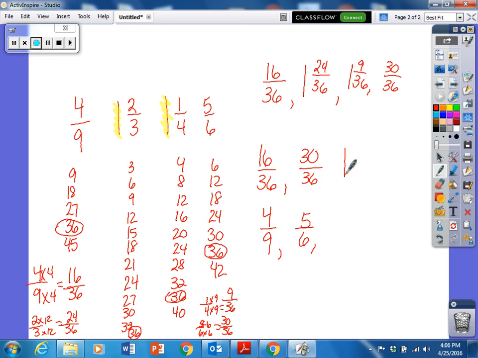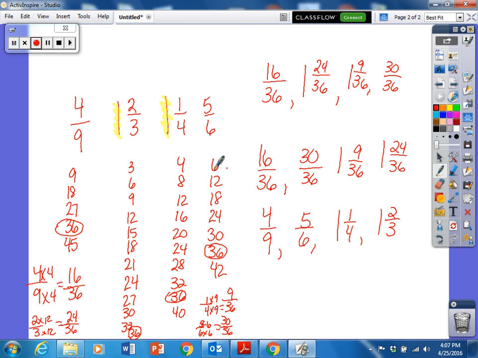So that is 1 and 1/4. Should have written 1 and 9/36 here. And the last one is 1 and 24/36, which actually equals 1 and 2/3.